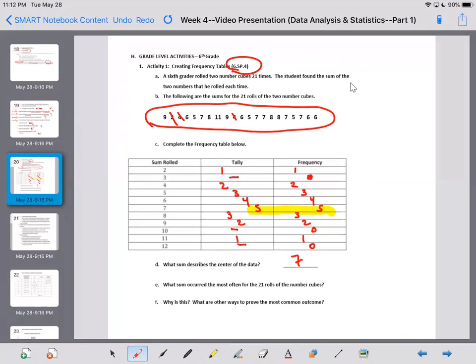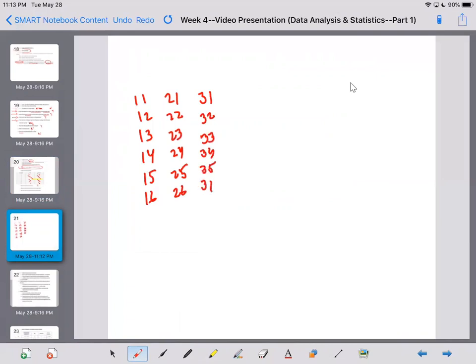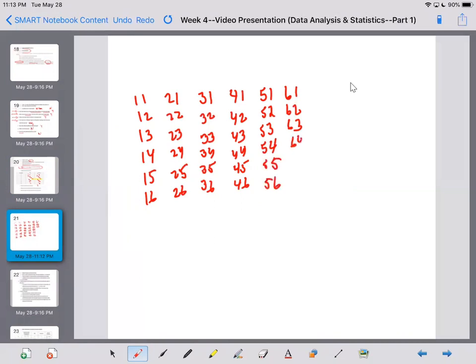Why is this? What are different ways to look at the outcomes? Well, if you look at all your possible outcomes, if you're looking at 2 number cubes, when you take 2 number cubes, this is what we call our sample space.